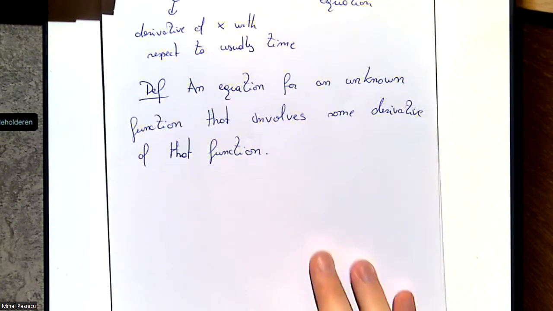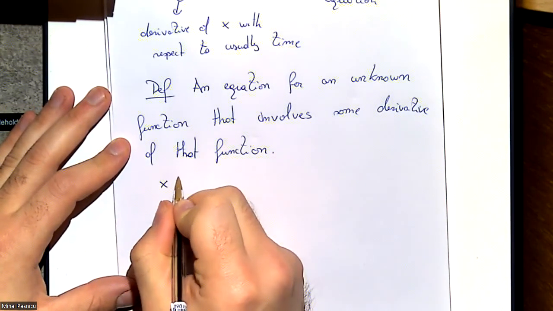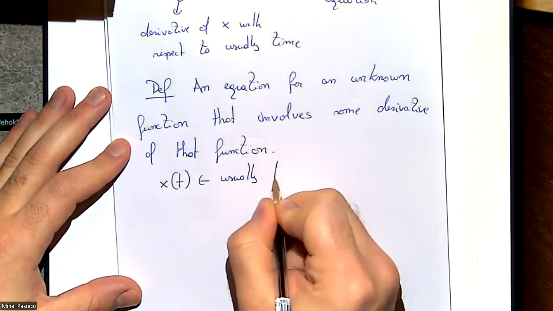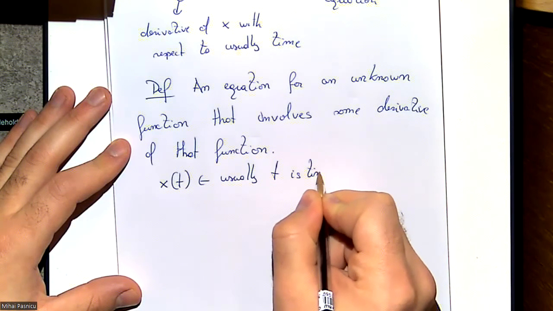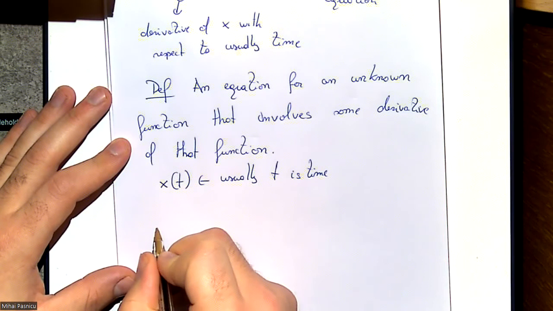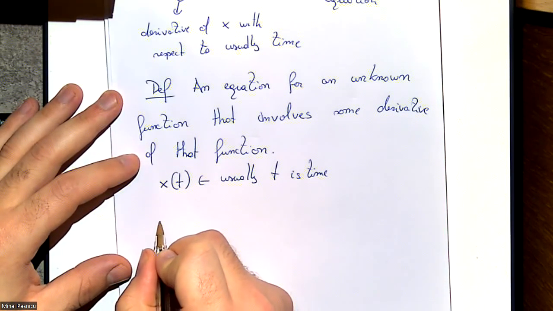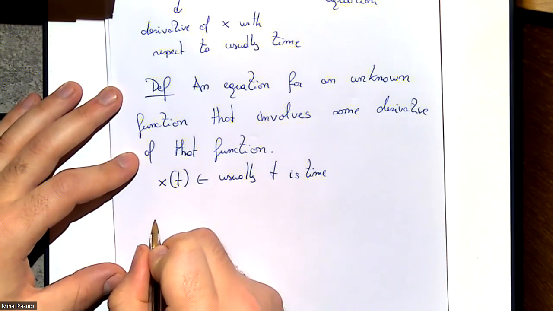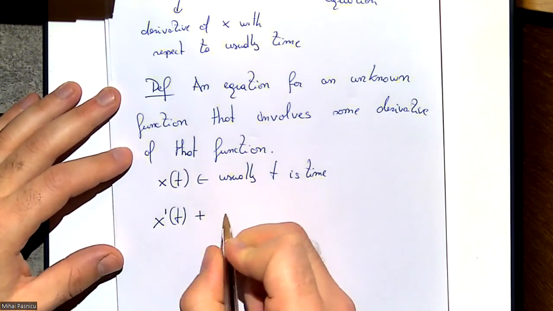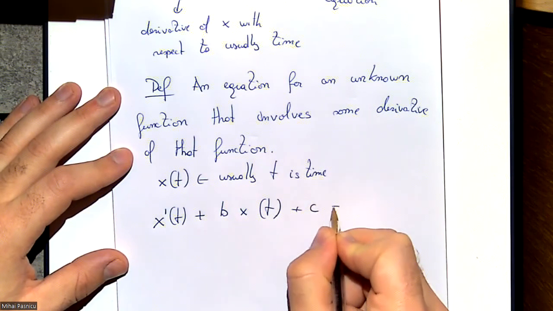So the idea is that your x depends on t. Usually t is time, but it can be multiple things. The standard one that we are going to do in this class, the first one at least, is x derivative of t plus b x of t, no derivative, plus a constant is equal to 0.